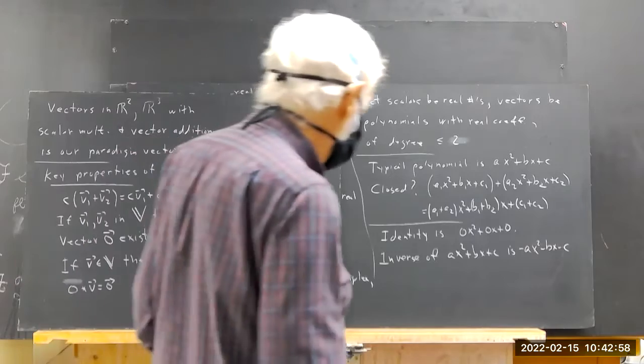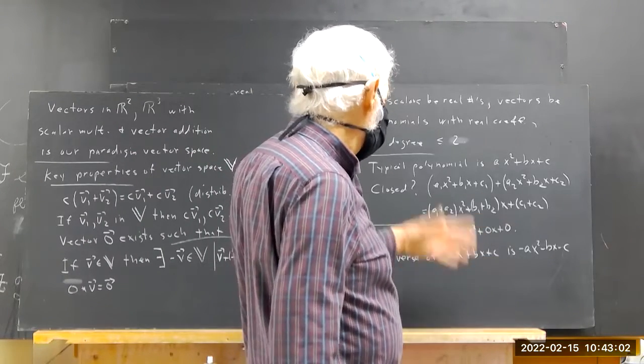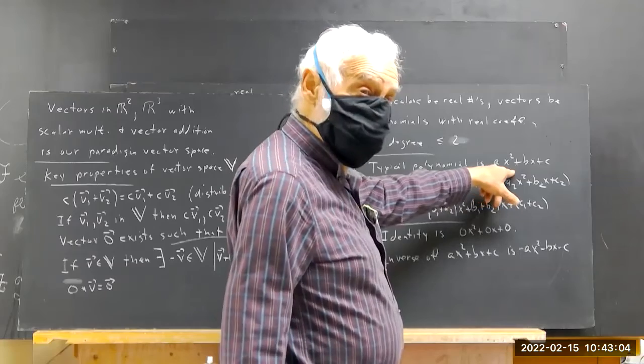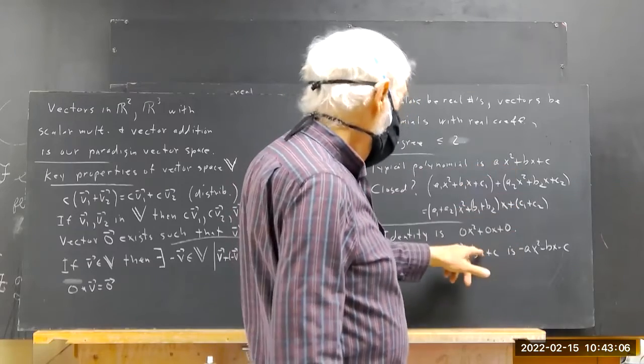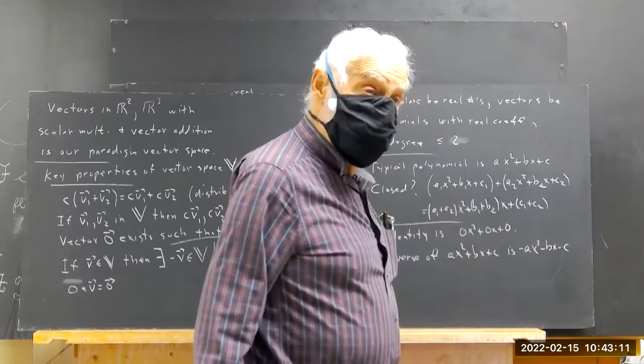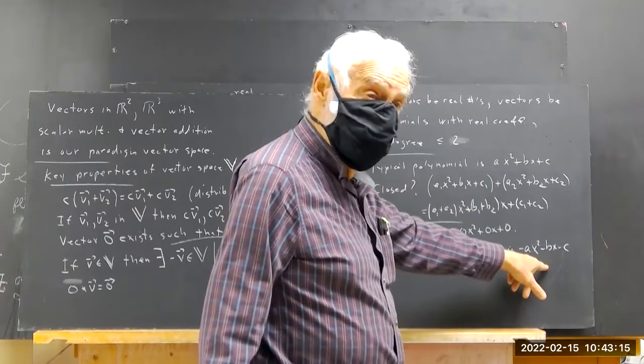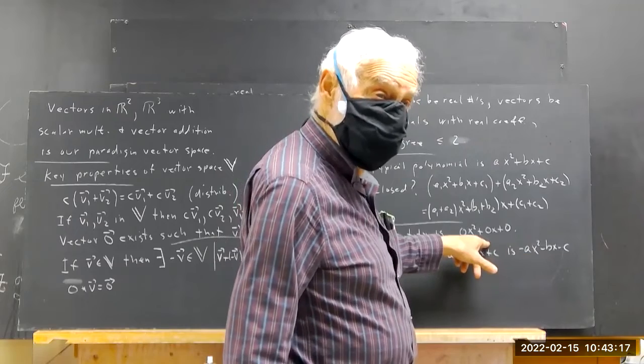Because in the first place, if you add this to your typical ax squared plus bx plus c, you get zero. And that's pretty obvious, right? And it should be obvious then that if you add this and this, you get this, okay?